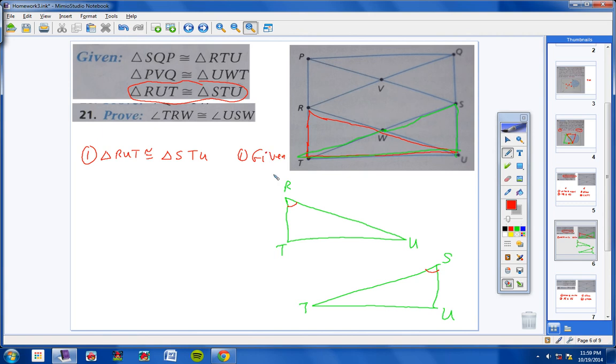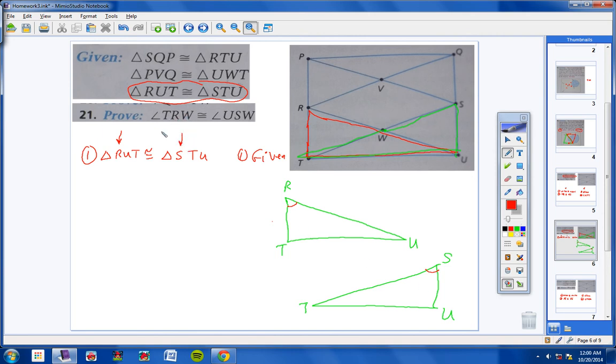Now, look this over here, guys, carefully. Angle TRW, which is this angle right here, is really just angle what? R. And here's angle R. And then angle USW is really just angle what? S. And here's the angle S. So we're done.